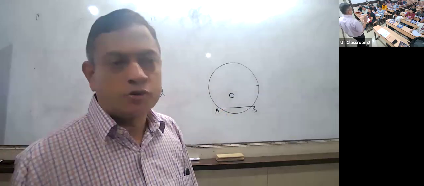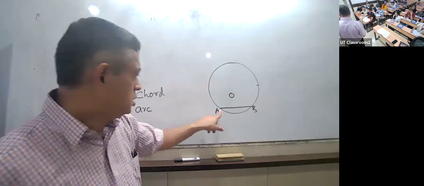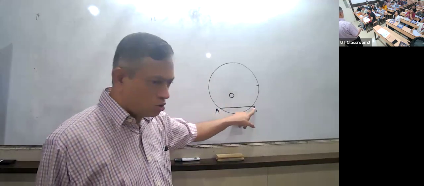Do you know how many types of arcs there are? There are 3 types of arcs. One is called minor arc, second is called major arc, third is semicircle. Now look here, A and B. A and B divide the circle into 2 parts.